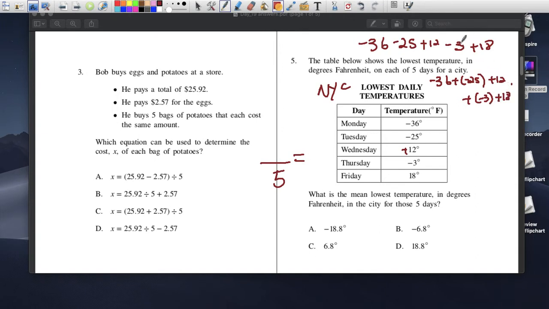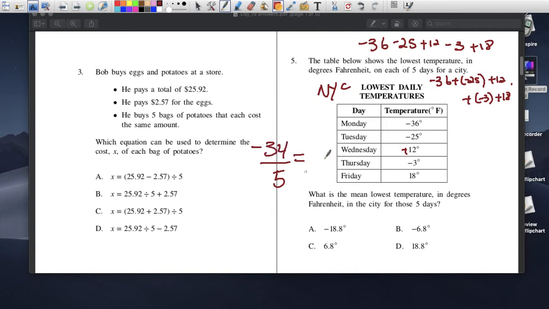This would have been just the same as the other one. So your choice. So I'm going to do negative 36, minus 25, plus 12, minus 3, and then plus 18. That should have given you negative 34.